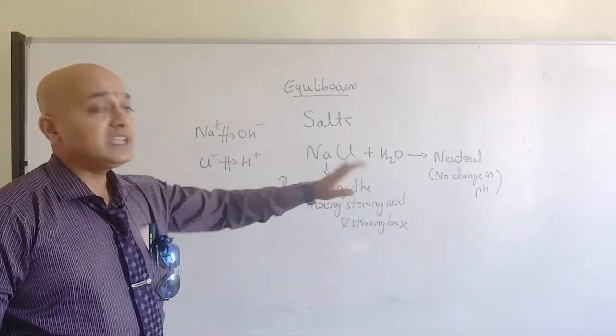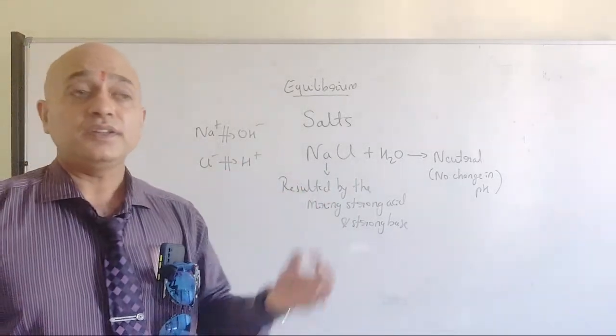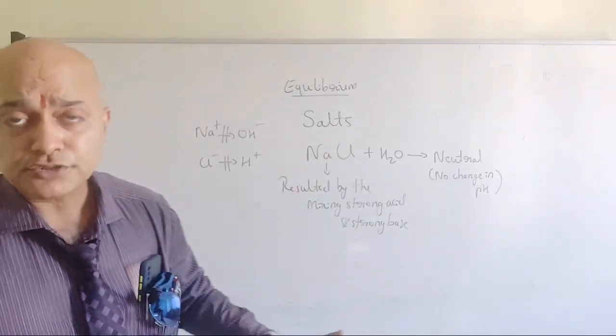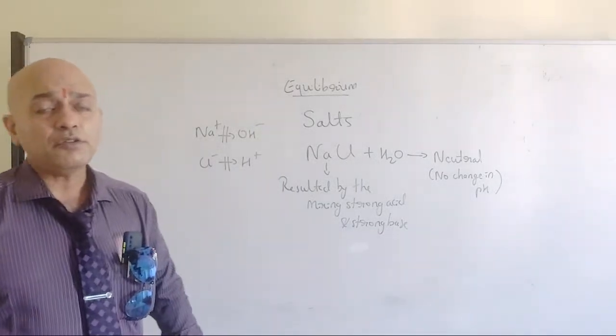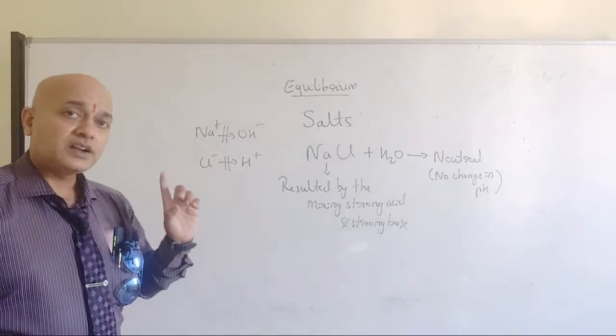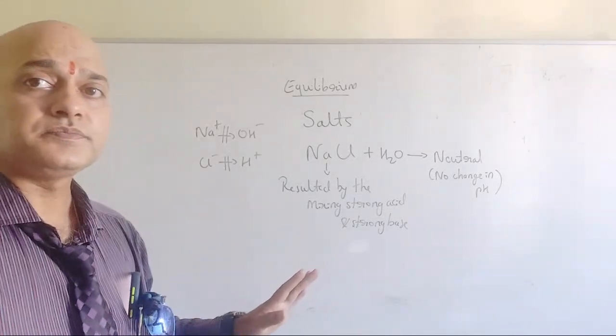So naturally pH will remain the same. I have a glass of water. When you add a pinch of sodium chloride, nothing will happen to the pH of that water for this reason. All of you have understood? Any doubts?